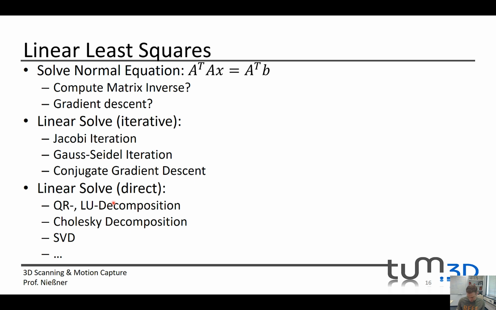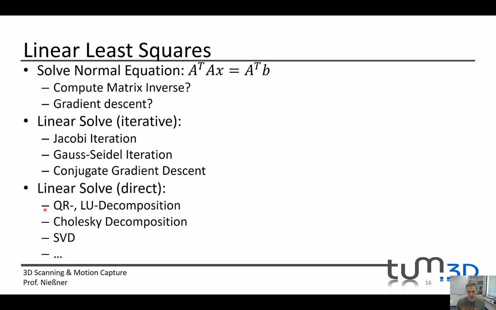If you're talking about iterative solvers, basically these three are the main ones: Jacobi, Gauss-Seidel, and conjugate gradient descent, so CG or PCG for preconditioned conjugate gradient descent. These are good solvers for linear systems. In practice, everybody here would use PCG, because it's preconditioned conjugate gradient descent. This is a solver that a lot of people are using.